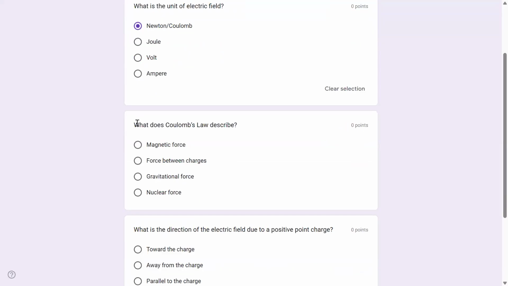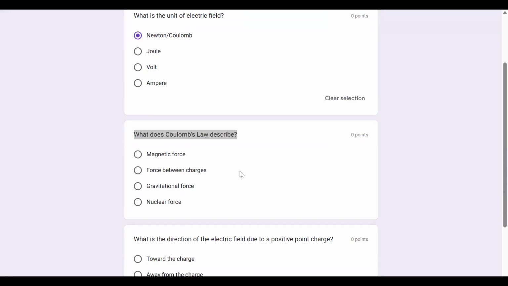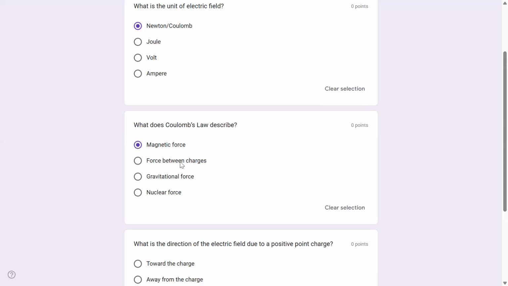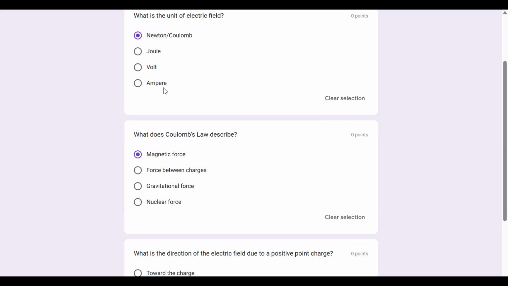Good. What does Coulomb's law describe? Option two, force between charges. Yes, correct.